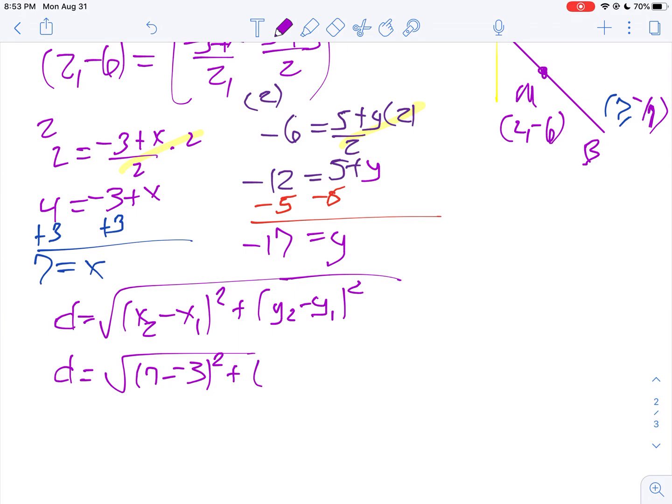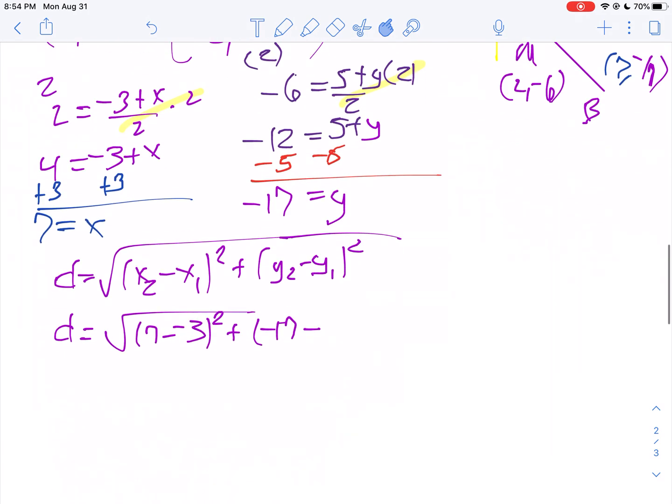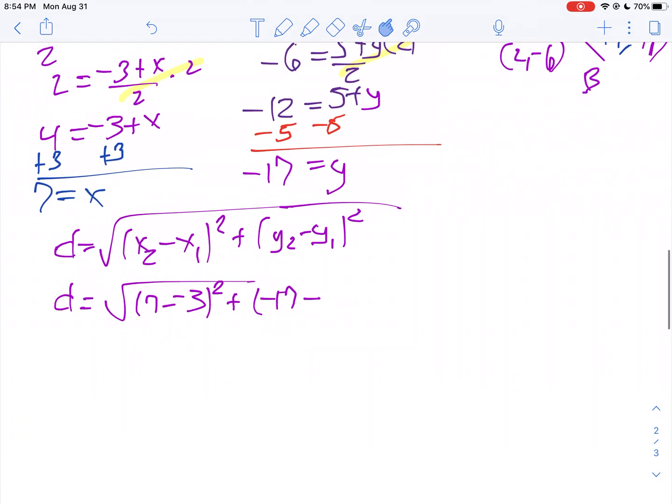We'll do the same thing for the y's. We're going to say y is negative 17 minus, what did we say, 5. And we're going to square that. Well, let's do a little simplifying. When you subtract a negative, you add.